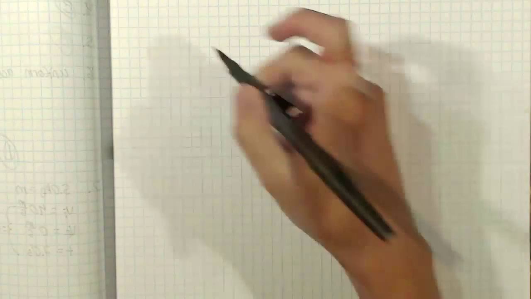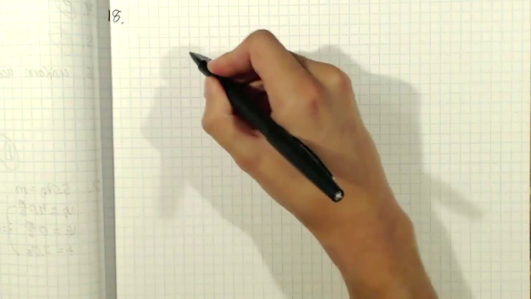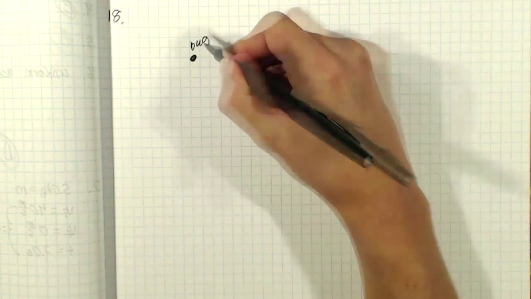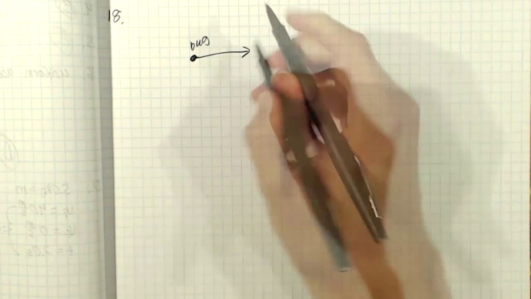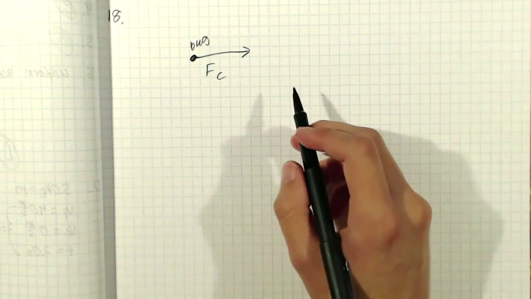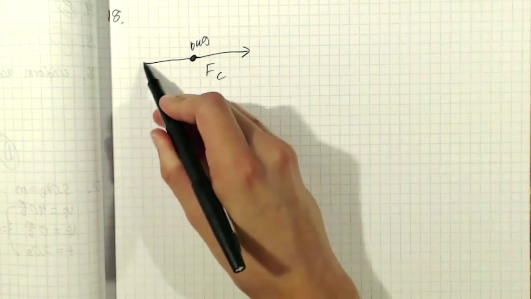Okay, so let's start by drawing things. We have our bug, and he's acted on by the force of the car. It's asking for the force that he exerts back on the car.